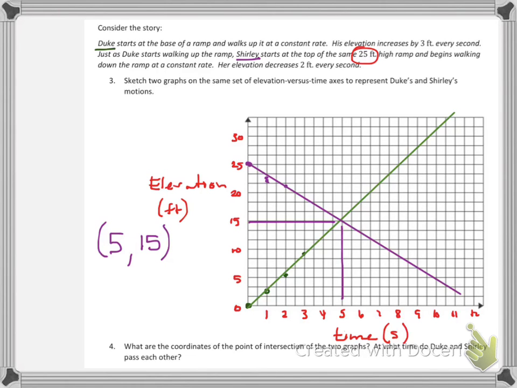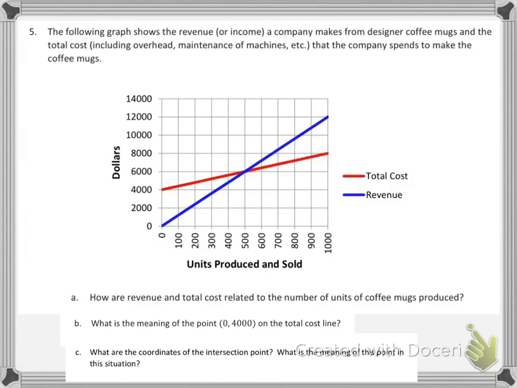All right, next. The following graph shows the revenue or income a company makes from designer coffee mugs and the total cost, including overhead, maintenance of machines, etc., that the company spends to make the coffee mugs. On the x-axis, we have the units produced and sold. On the y-axis, we have the dollars.